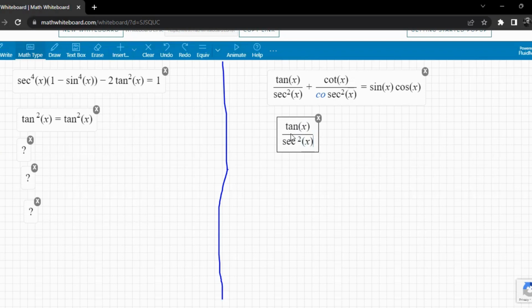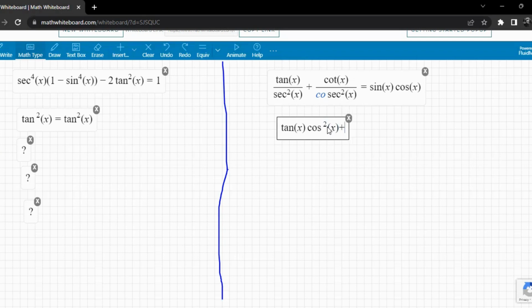So 1 by x to the power minus 1 is just x. So it will become tan of x times cos square x, and plus cotan of x by cosecant square x, which is sine square x.